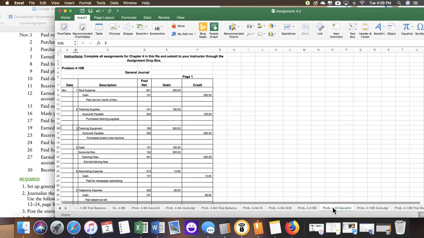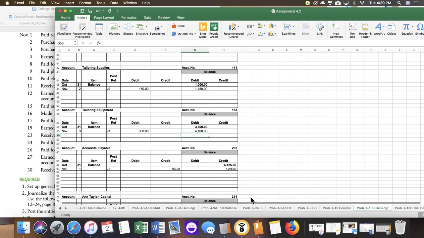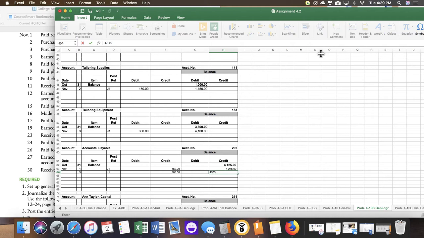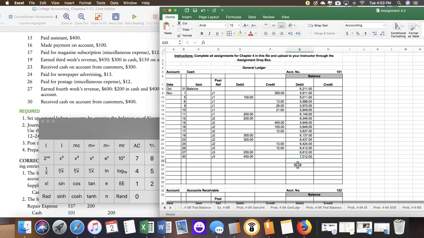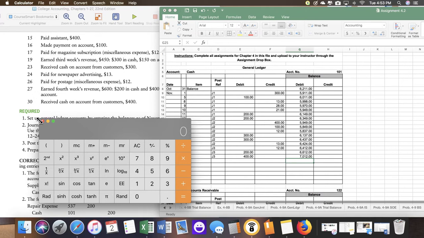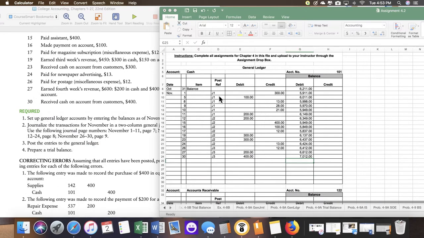We purchased it on account. $4,575. And we're going to keep up the process with the rest of the transactions. I'm going to go ahead and pause the recording and finish up recording the transactions. Okay, now we have all of the transactions entered into the ledger.